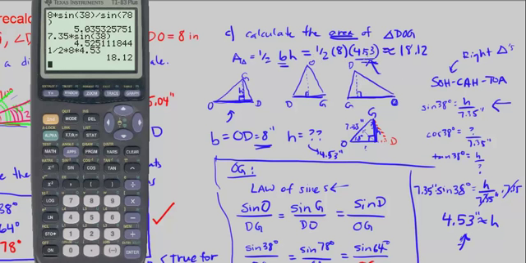So once we start rounding, we should use the approximate symbol. And our unit for area is going to be, remember the base is in inches, the height is also in inches. So when you multiply inches by inches, you get inches squared. So 18.12 inches squared is our approximate area for triangle DOG.